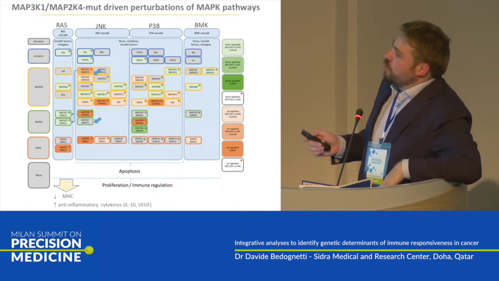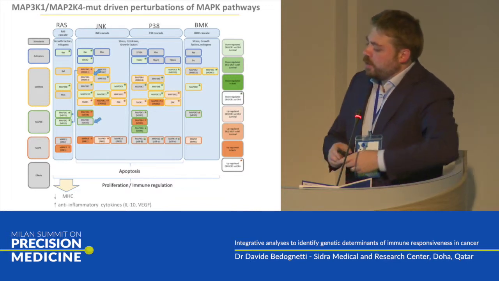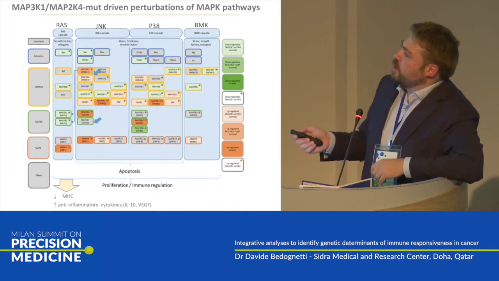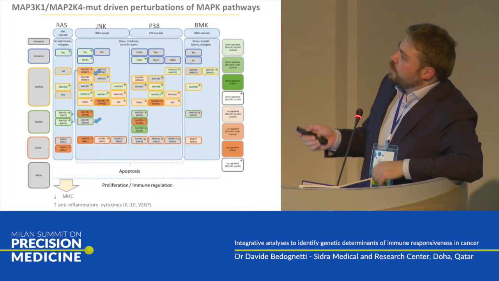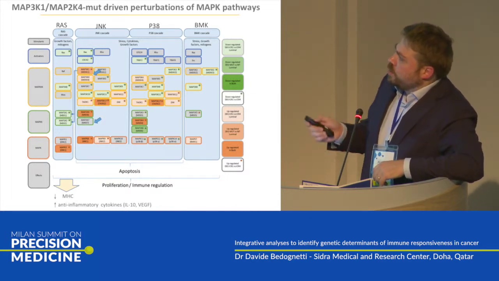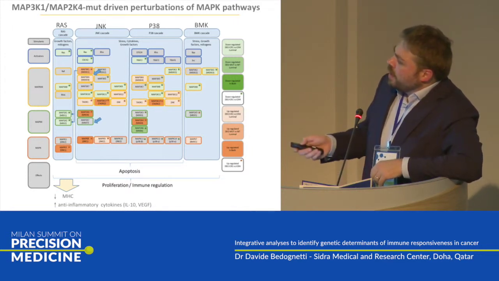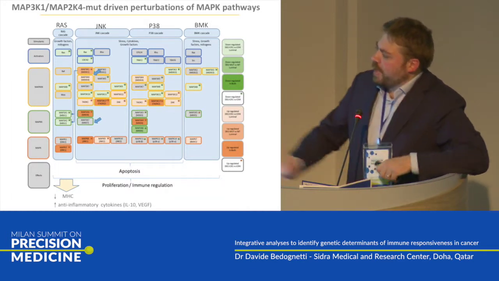So this is a busy slide. I don't want to go into detail, but we tried to understand what the level of activation was in these tumors, and the analysis suggested that the mutated tumors had a relatively higher activation or overexpression of the final mediators of the RAS MAP kinase pathway.